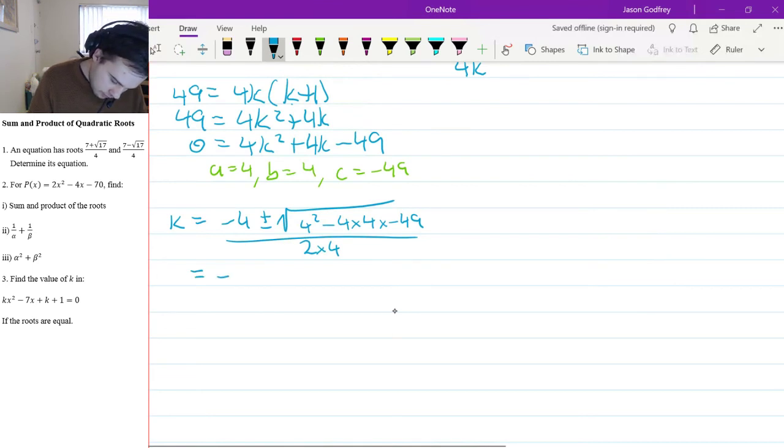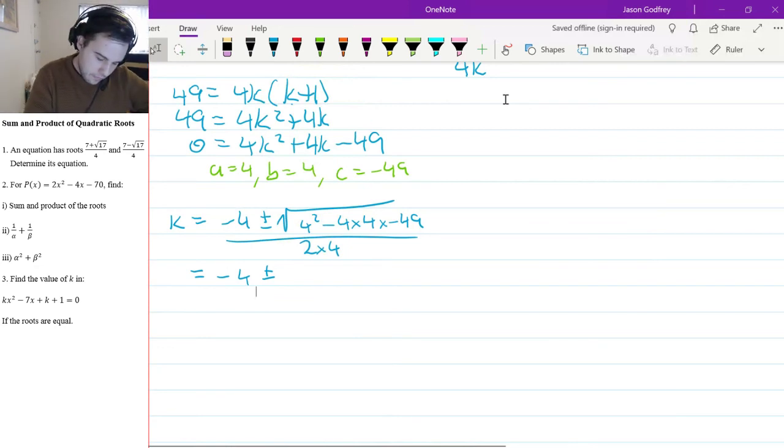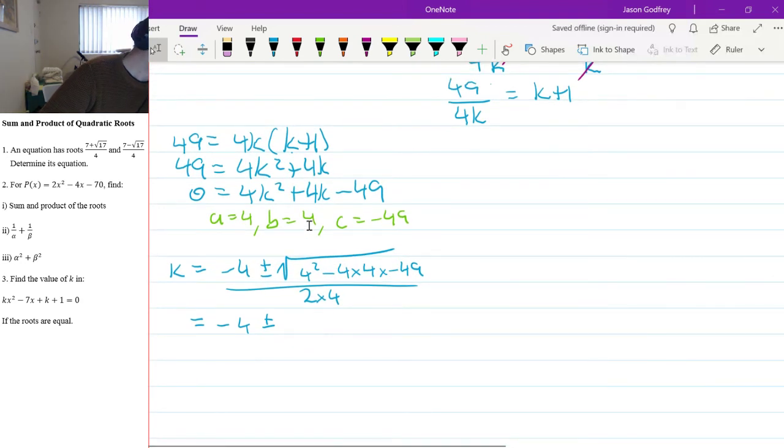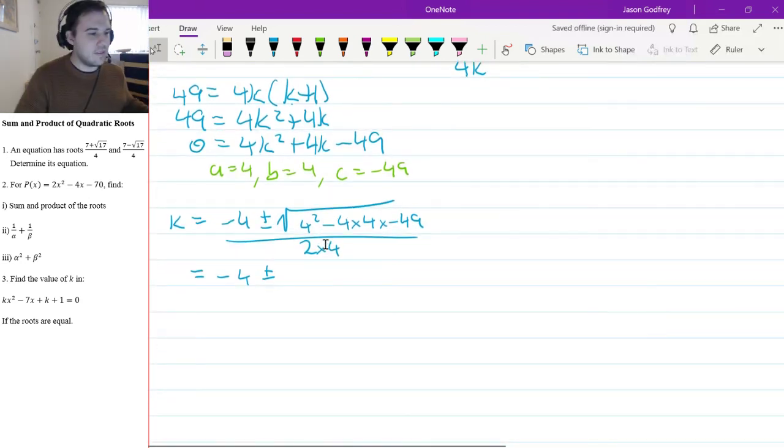So negative 4 plus or minus, I can do it in my head. Negative times a negative will be a positive. 4 times 4 is 16, but let's do this the safe way.